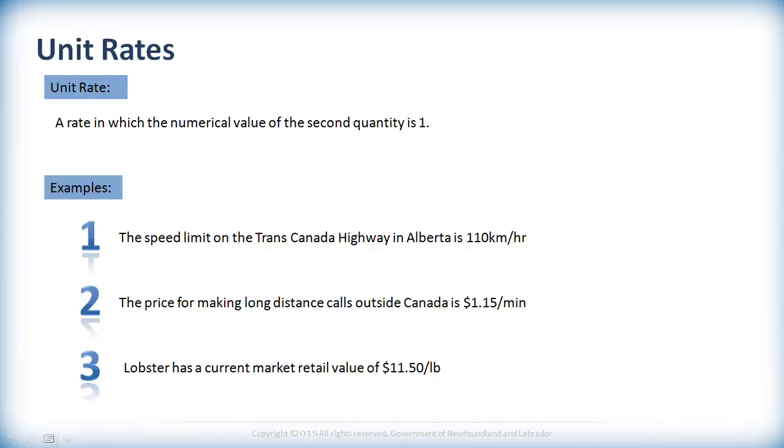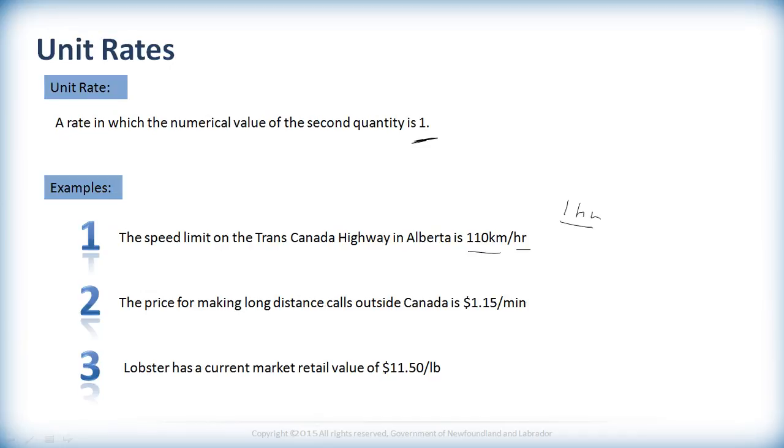Then we're going to talk about something called unit rates. A unit rate is just a rate like the others, except we standardize the rate so that the second number has a quantity of 1. So the speed limit on the Trans-Canada Highway in Alberta is 110 kilometers per hour. That means you'd go 110 kilometers for every 1 hour. And that's the idea. We're standardizing that second number.